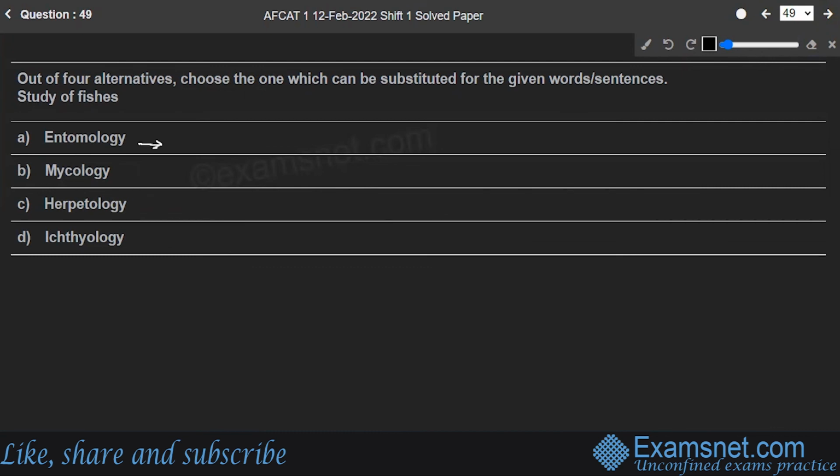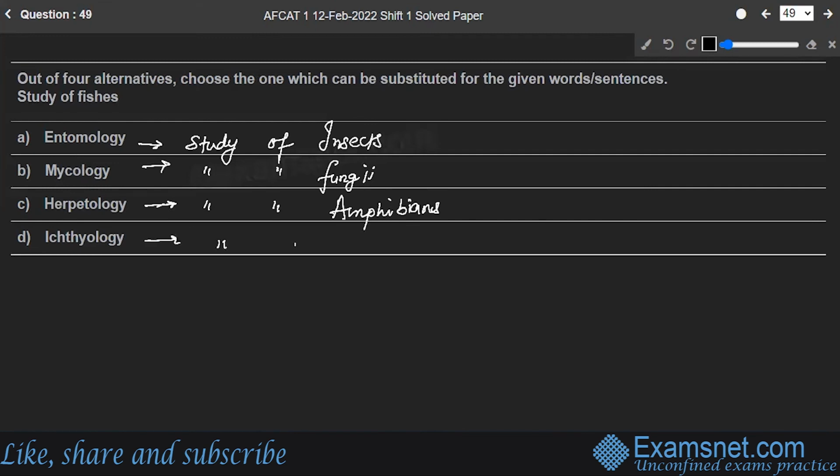Entomology means study of insects. Mycology means the study of fungi. Herpetology means study of amphibians. And this one is the study of fishes.